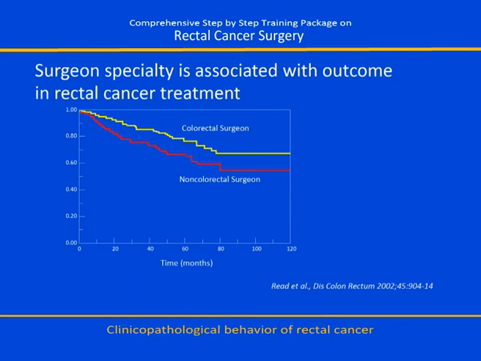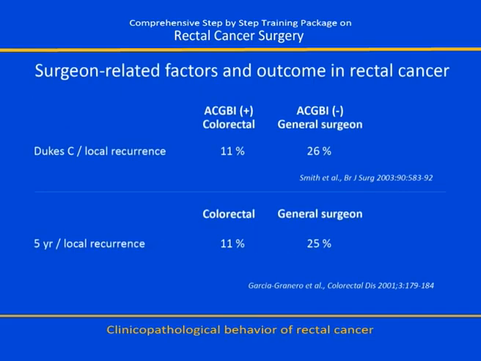And no doubt that simply reflects the greater likelihood of the specialist to do a better TME. The Association of Coloproctology of Great Britain and Ireland produced similar data. And in Spain also, a better result in terms of local recurrence when specialization enters the equation.